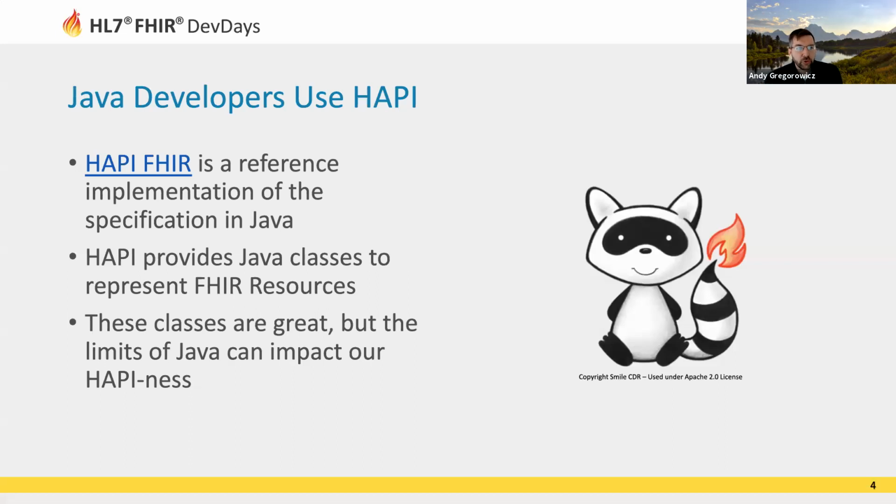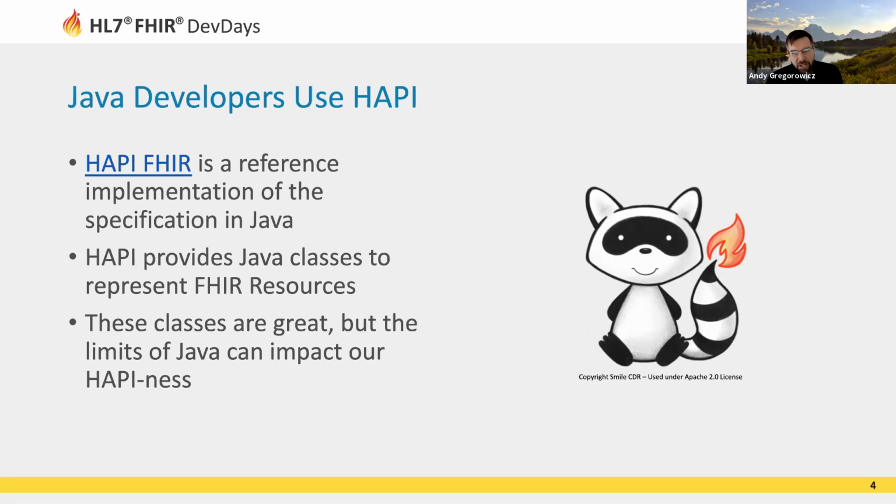And these classes are great, but what happens is Java sometimes can get in the way of our happiness. I personally find Java to be a very verbose language. It oftentimes asks you for information that it should kind of know already.